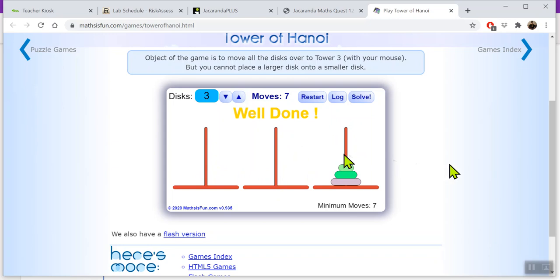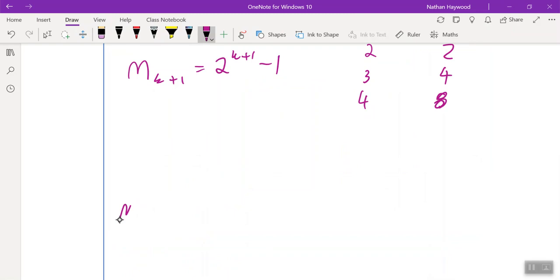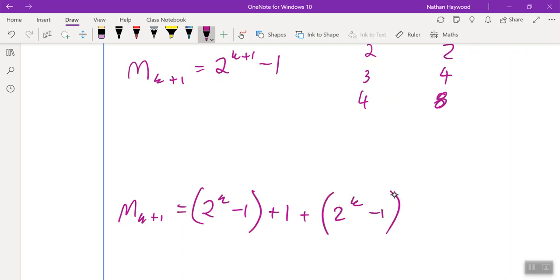So there's always this symmetry. It's the previous amount of blocks moves plus 1 plus the previous amount of blocks moves. So the amount of 2 blocks moves plus 1 plus the amount of 2 blocks moves. M(k+1) is 2^k minus 1, plus 1 move, that's the base block, or the extra block, plus 2^k minus 1.